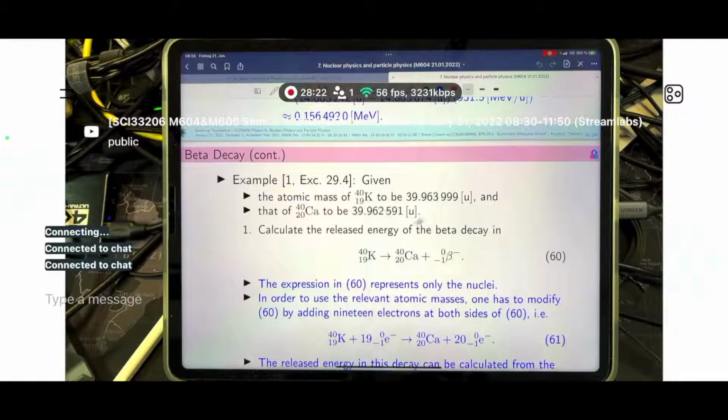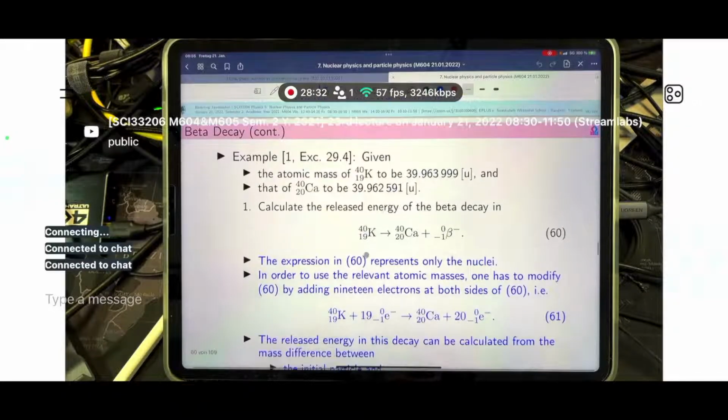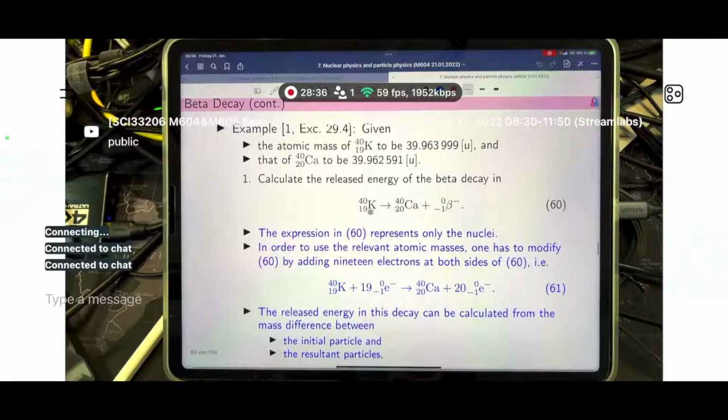They didn't measure the bare nucleus in an ionized state. So in order to use these values, we have to add electrons so that the nucleus becomes normal, not ionized. We add 19 electrons to the left hand side.